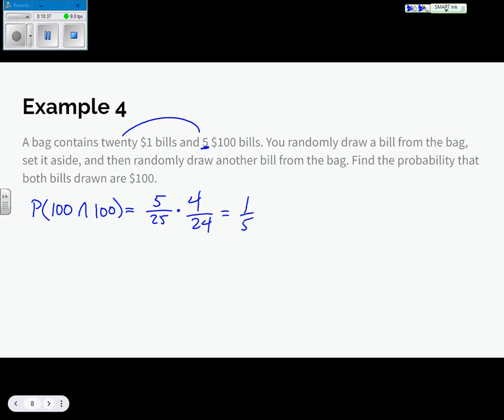That might help. 1/5 times 1/6, 1 in 30 shot that I get 2 of those 5 $100 bills. If we're going to decimal that out, you can call it 0.03. I think it's repeating, or just like 3.3% chance that I get 2 $100 bills.